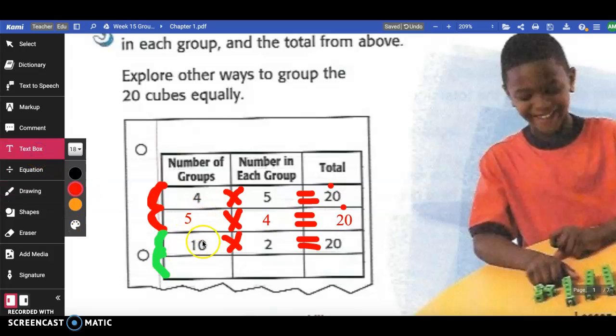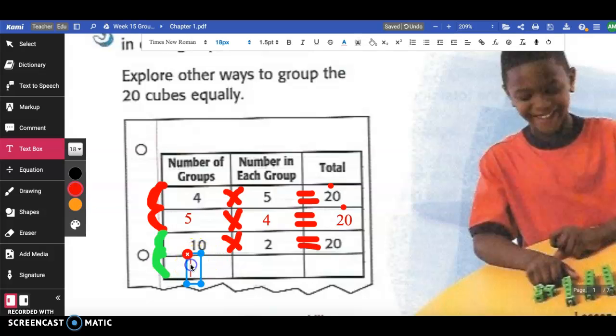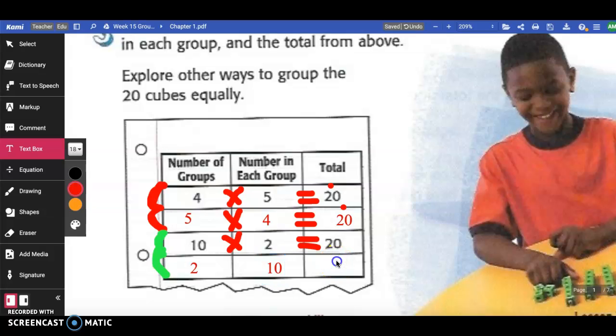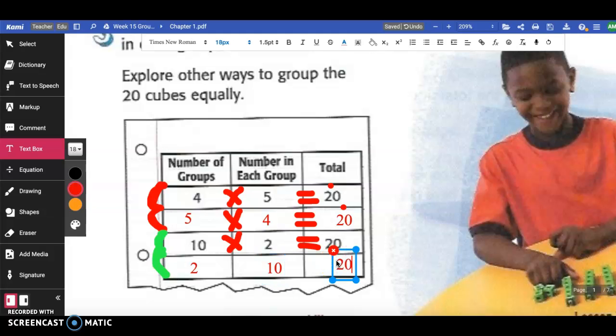Go ahead and pause the video and share out. If you said 2 times 10 equals 20, you are correct. So the reverse always gives you the same answer in multiplication.